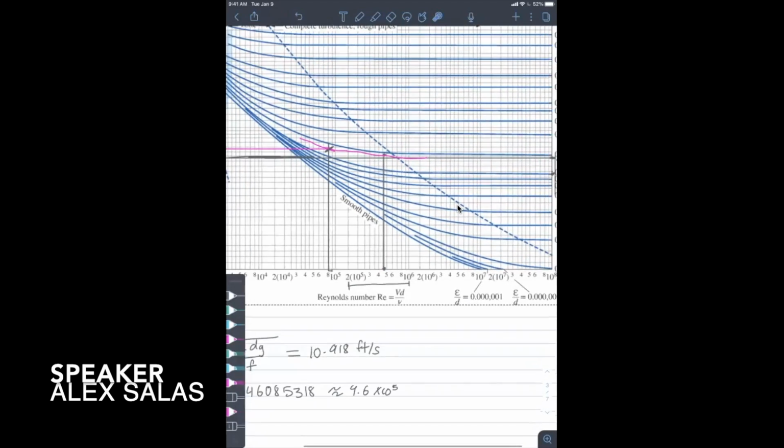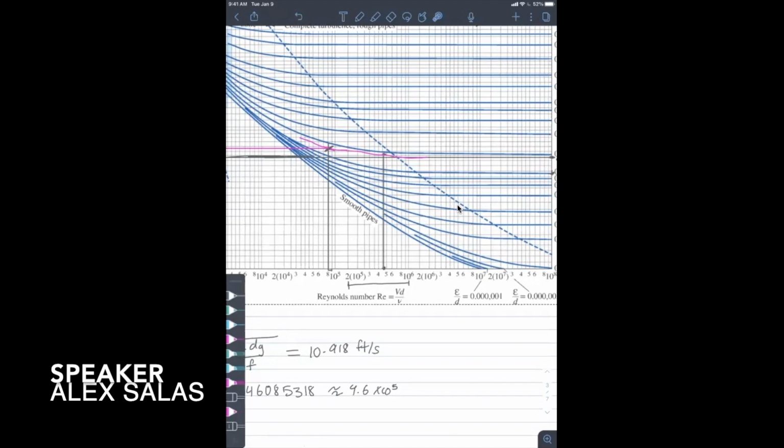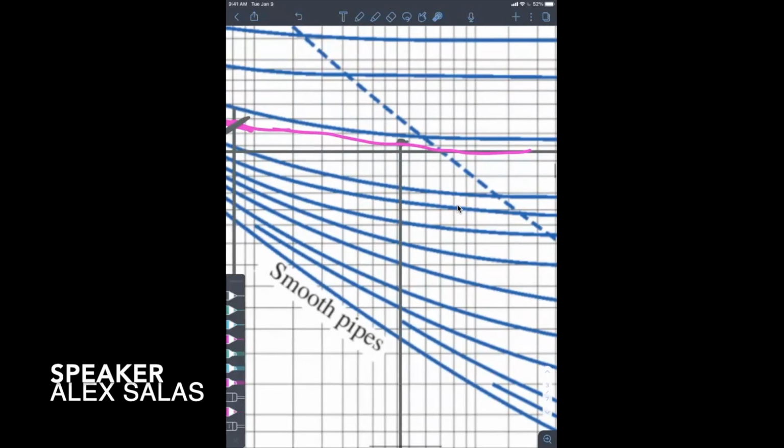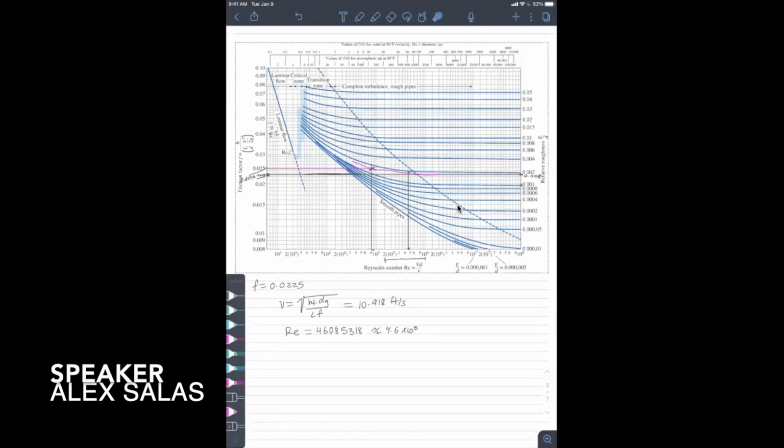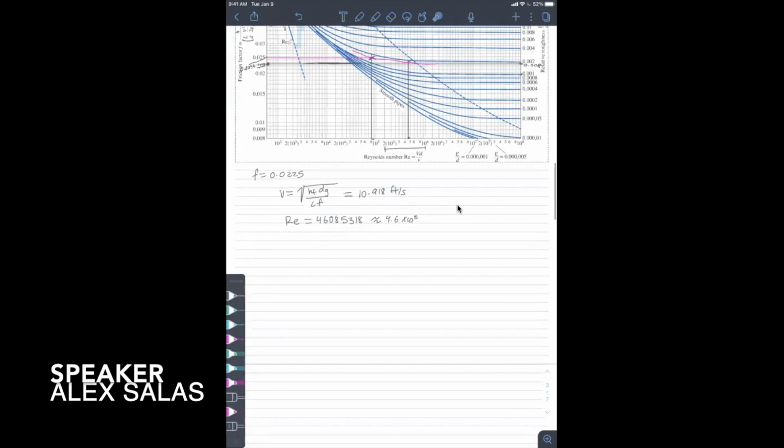And so we're now going to recognize that there's a trend here. All the lines curve. And so even though our line was originally straight for our first guess, we're going to try and estimate the curve. And we see that there is a discrepancy between where our Reynolds number crosses our actual curve and where we estimated it would. So we're going to go ahead and get a second guess. I'm going to say that this is about 0.24.